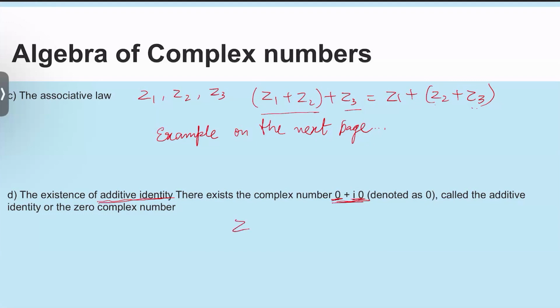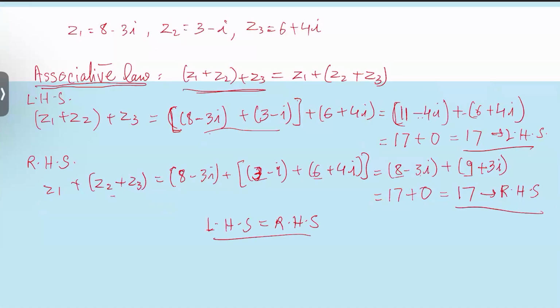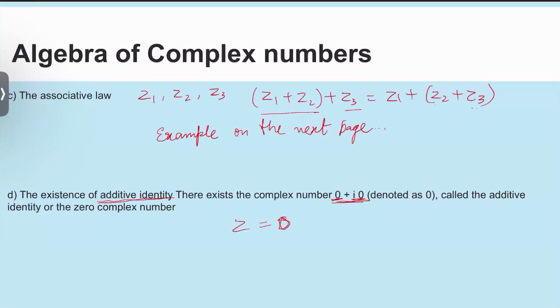A complex number can be 0, as we had seen in this example over here. Any which way, this part will become 0. This is called the additive identity, or the zero complex number.